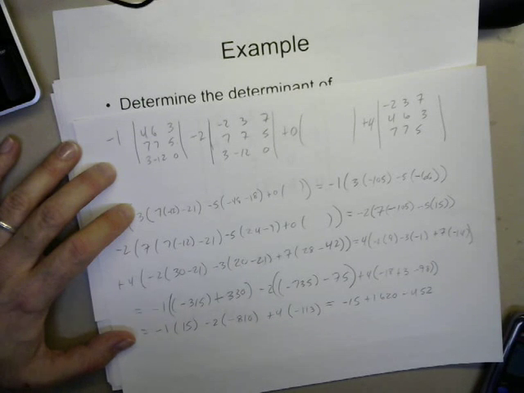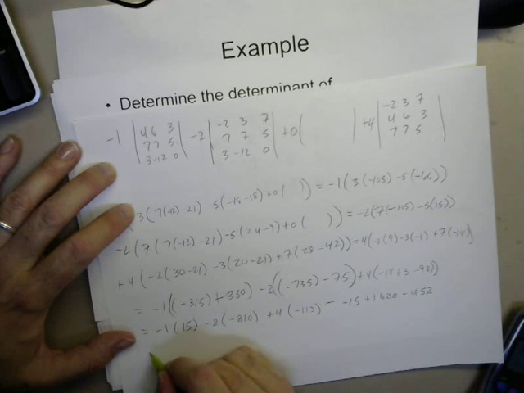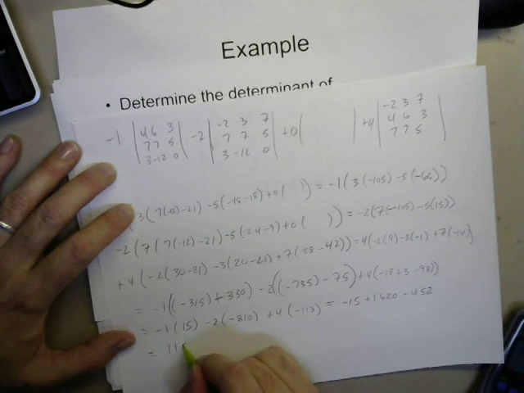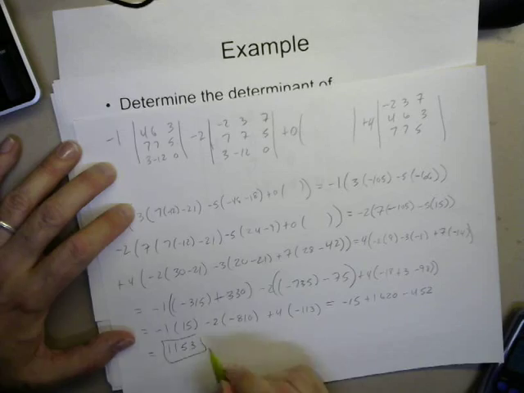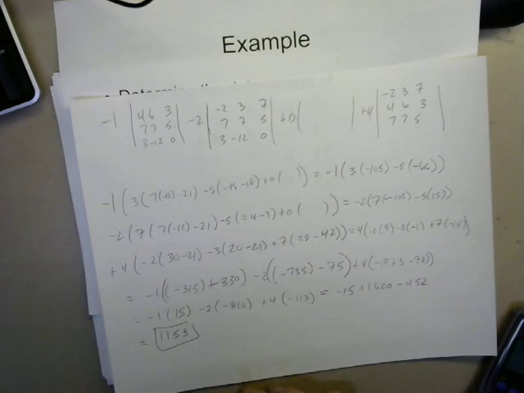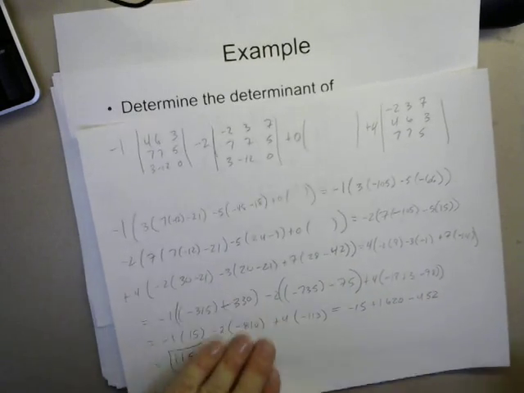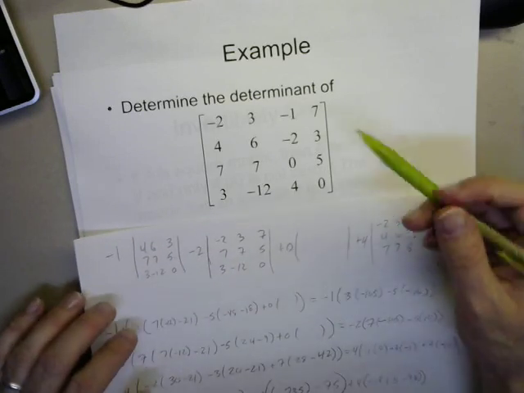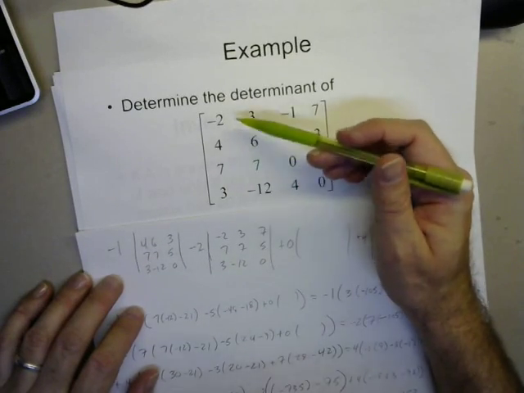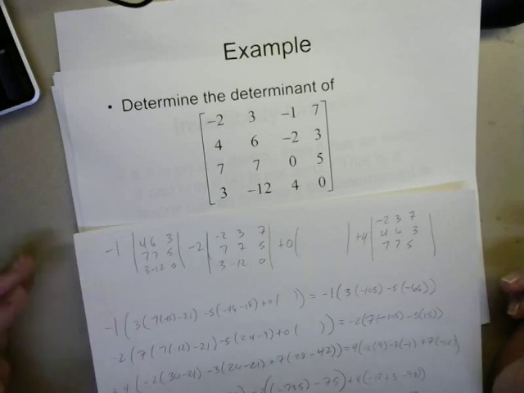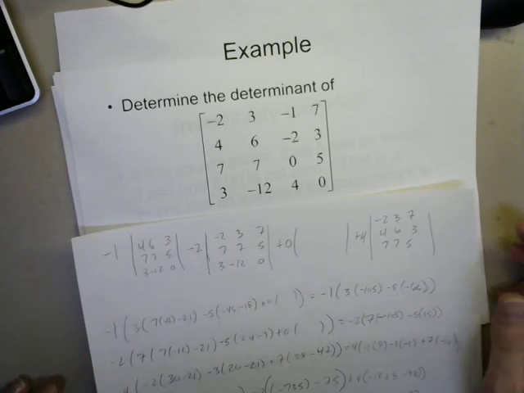So then add all those numbers together, and you'll get minus 15 plus 1620 minus 452, and that should give you a value, hopefully, of this determinant of 1153, provided that I haven't made a mistake there. So again, calculating this is very similar to what you would do for a 3 by 3 determinant, and then you can extend this to a 5 by 5 determinant if you want to.